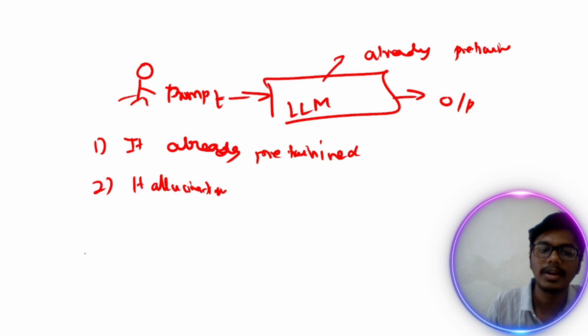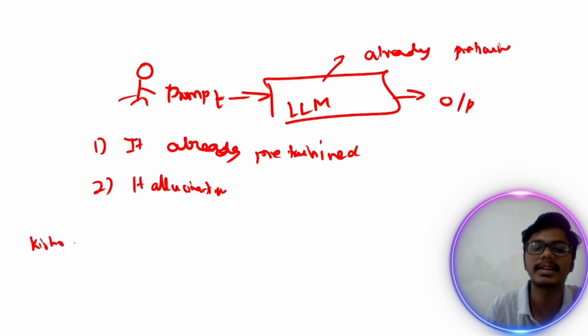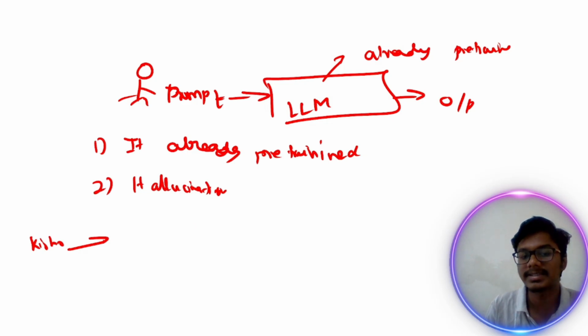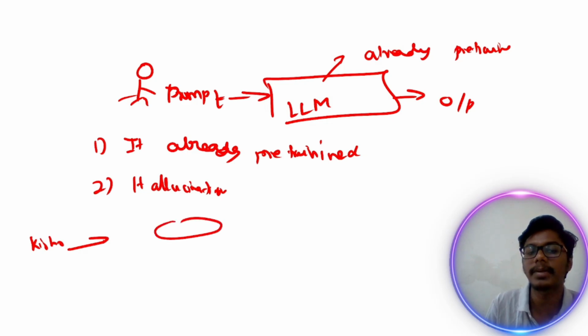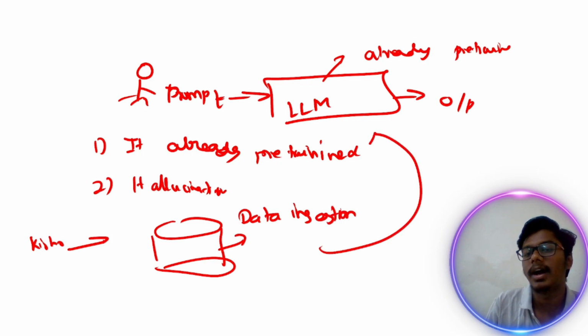Now let's see what happens if we give the data. The KishoreLytics channel has PPTs and text documents with terms and services and legal policies. So I'm creating a data ingestion pipeline to the LLMs to train the RAG.